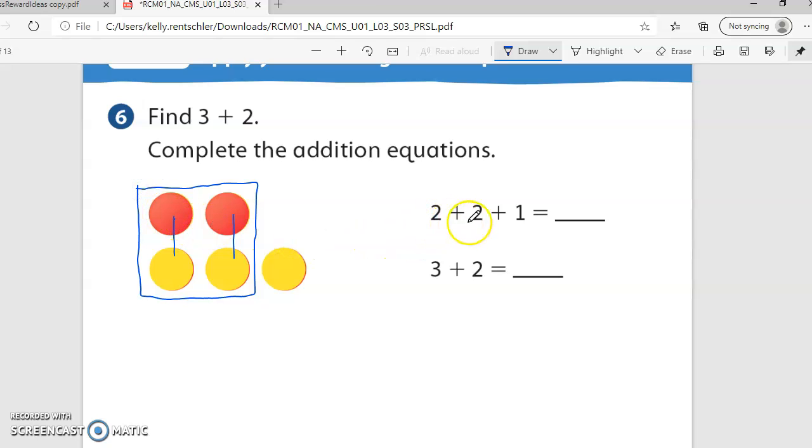They did the doubles fact for us: 2 plus 2, and that's what we have represented inside of this blue box. Plus 1, which is this yellow one that's outside of the box, right? So what is 2 plus 2? It's 4. And what's 4 plus 1? 5. So if 2 plus 2 plus 1 is 5, what does 3 plus 2 equal? It also equals 5. Good job.